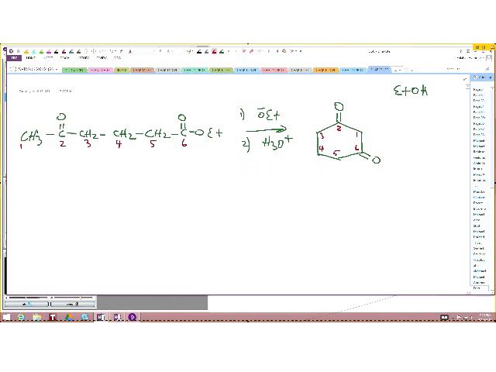Now, take a look at this molecule here. I want you to make this molecule using a Michael addition reaction. What will you do?